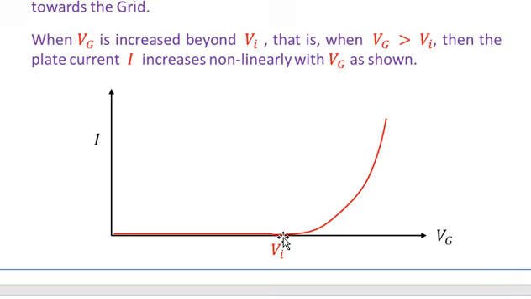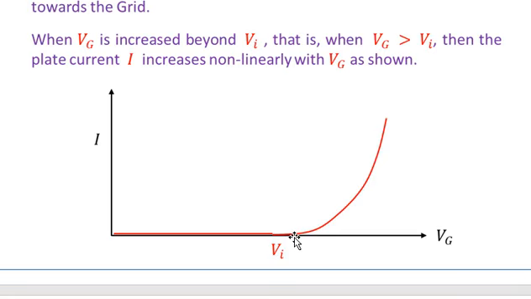So this is the point that we shall recognize, that now the grid voltage is enough, and the kinetic energy of the electrons which are accelerated into the chamber, equal to eVg, is enough to ionize the neutral mercury atoms. So the blue dots, that is the ionized mercury atoms, are produced, and they move towards the anode plate, and so a current is recorded.